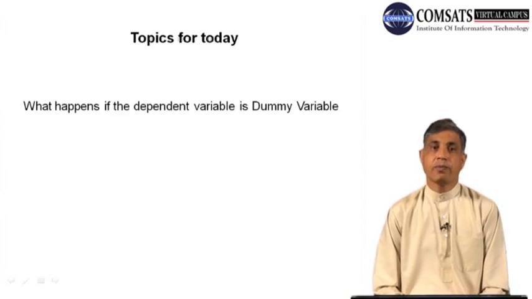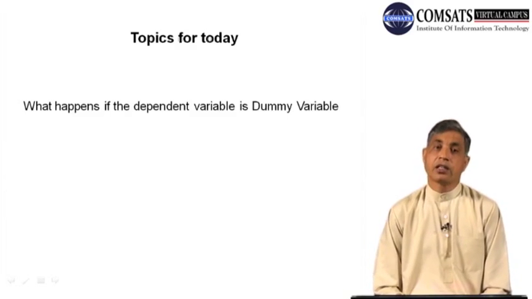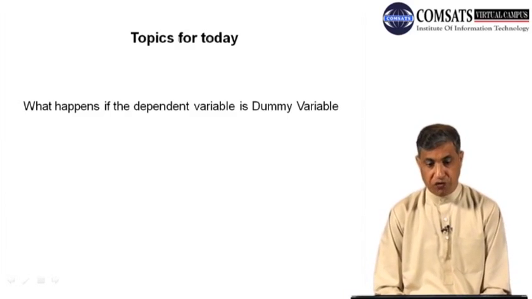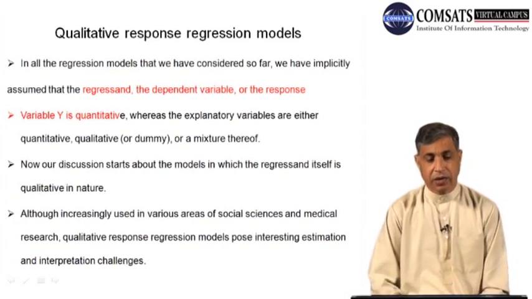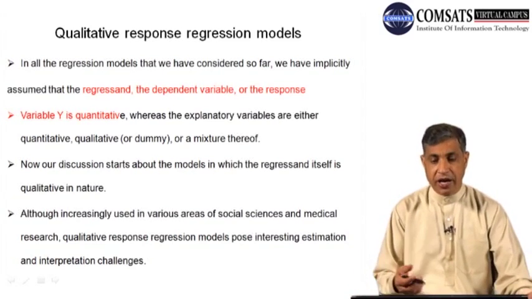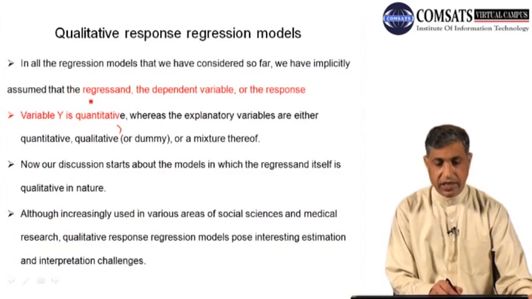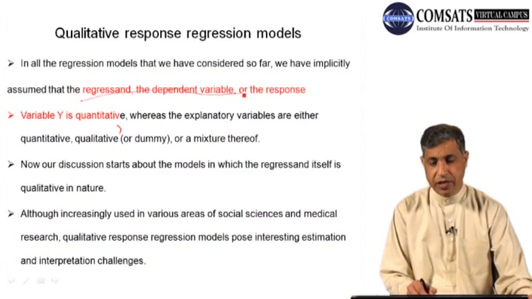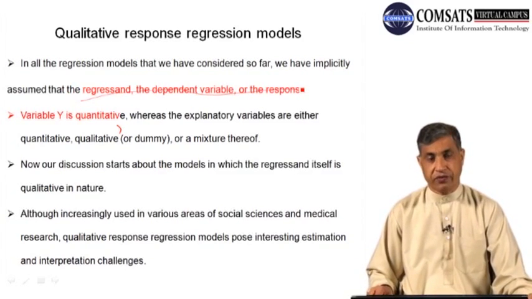So this means we will be looking for some other methodology to estimate the parameters, that is, the intercept and the slope coefficients. In all the regression models that we have considered so far, it was assumed that the regressant, the dependent or response variable y, is quantitative.